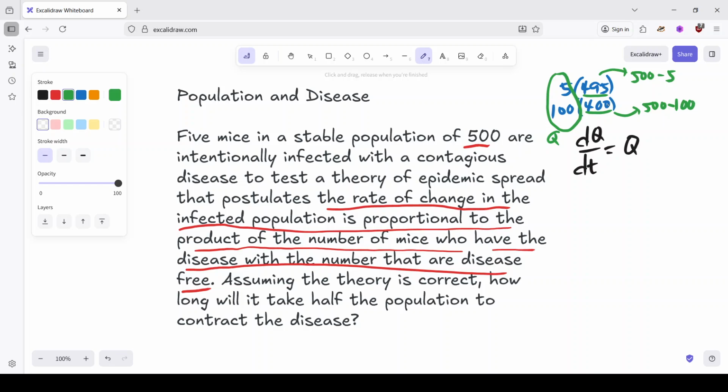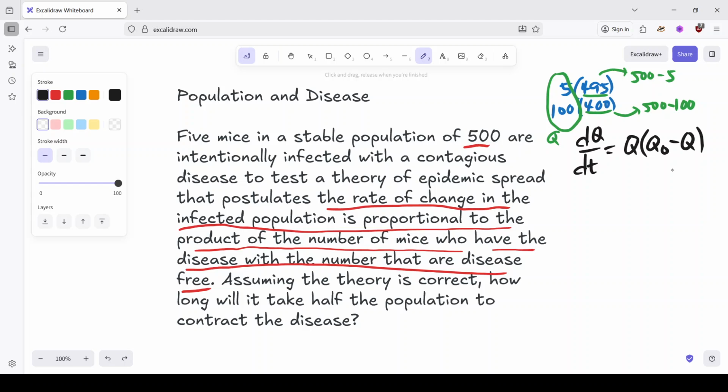That means this is our initial amount minus the infected, or rather, the initial population minus the infected population. So, in this case, let's call our original population Q sub O. So, minus Q, our infected population. The Q sub O in this case is 500. So, hopefully you get where our equation comes from.